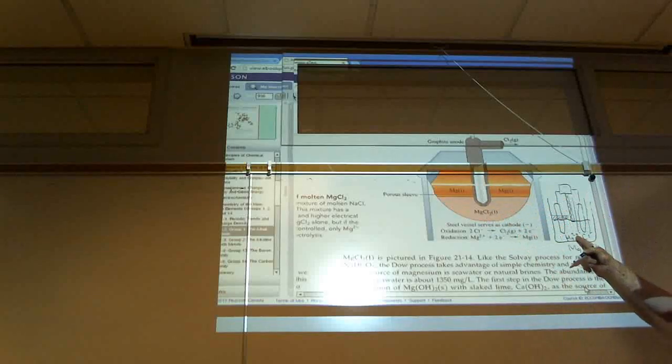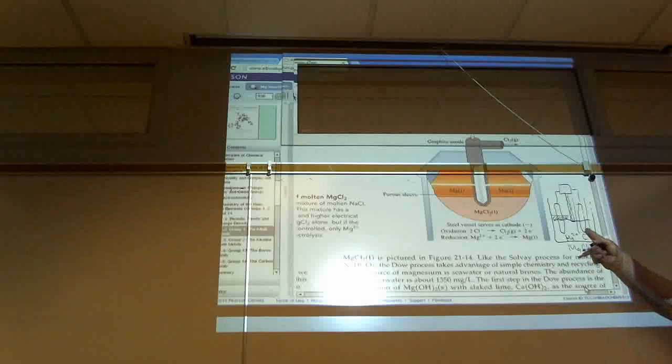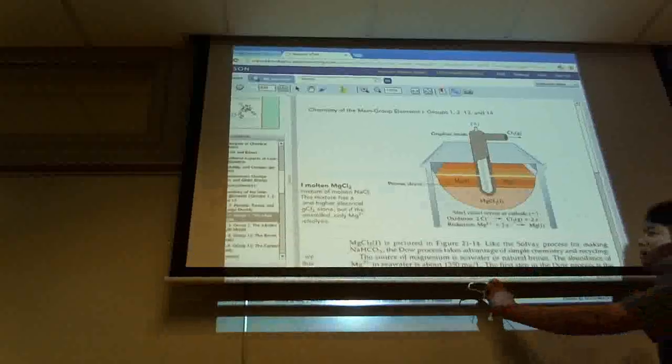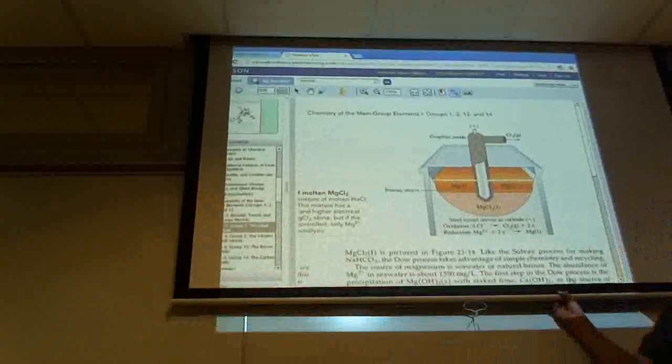The molten magnesium chloride can still get up in here, but as the chlorine bubbles out, it's going to be trapped by this tube, so it won't mix with the magnesium metal. So this would be a one beaker type apparatus generating magnesium metal, which is very reactive.